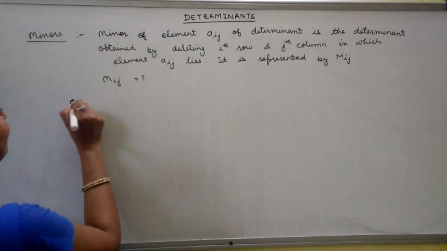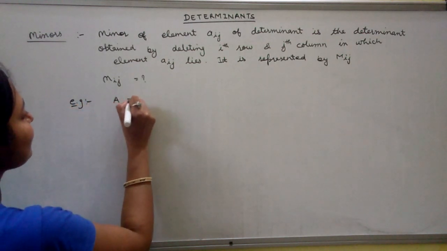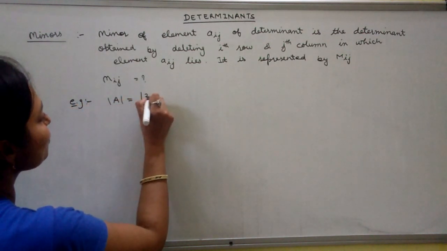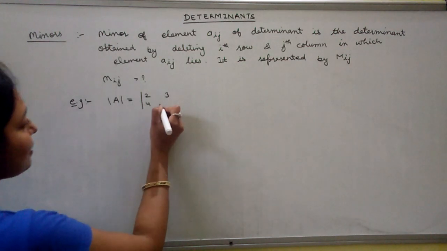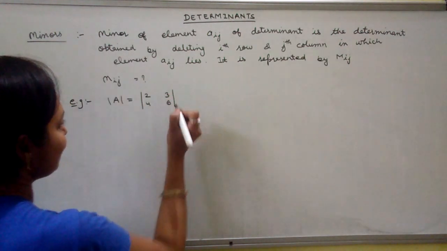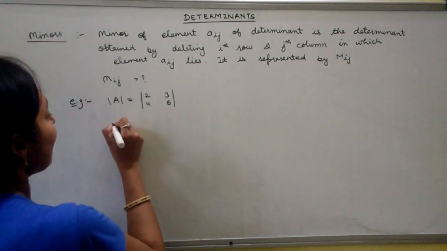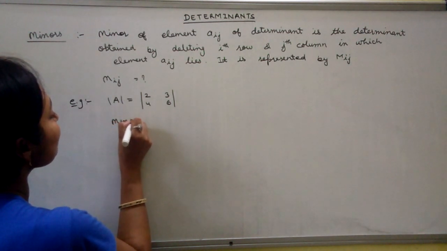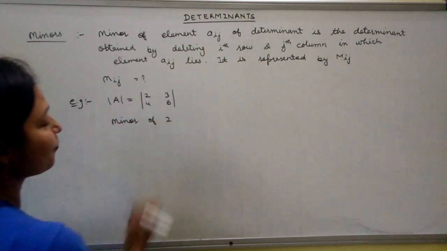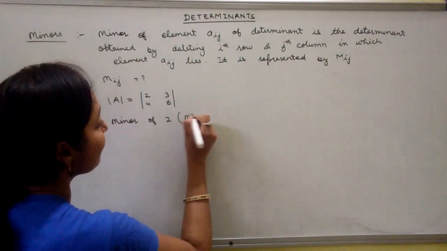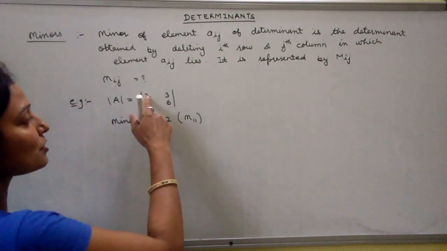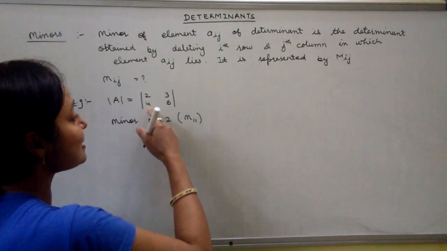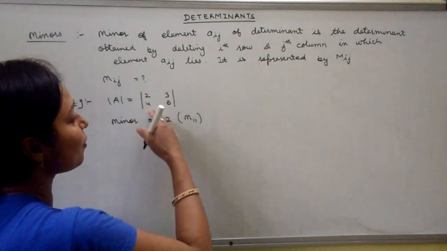For example, we have a determinant 2, 3, 4, 6. Minor of 2, we can write it as M11. First row and first column are deleted.